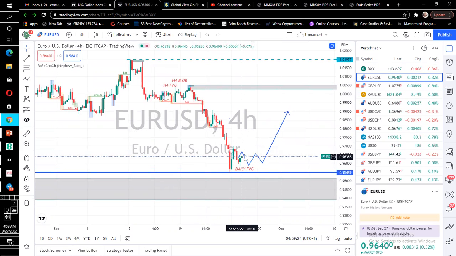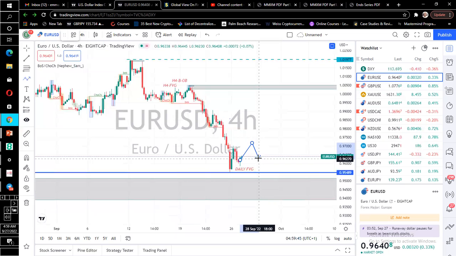But as it stands, I will not be taking trade until I see these guys break a structure to the upside. Because even if they do this, I would like to see this now happen. This upside trade into this fair value gap we'll have here, then come back to the downside.